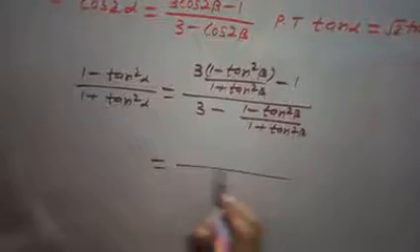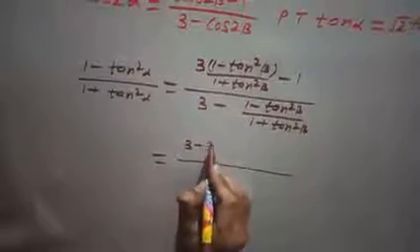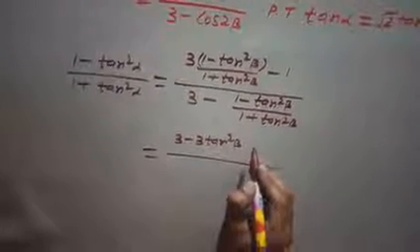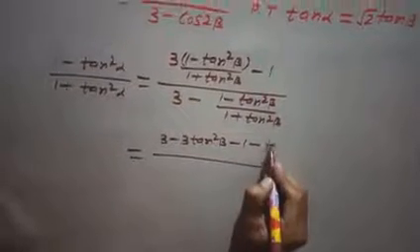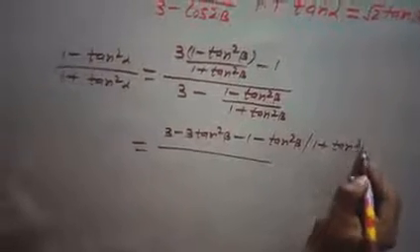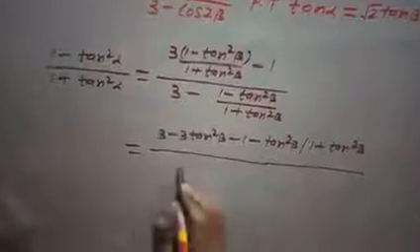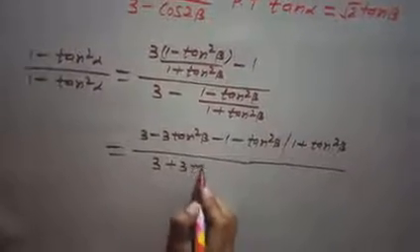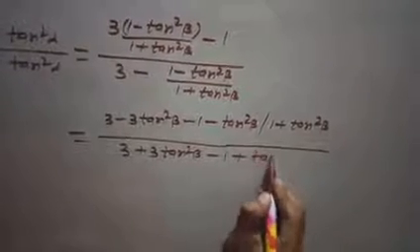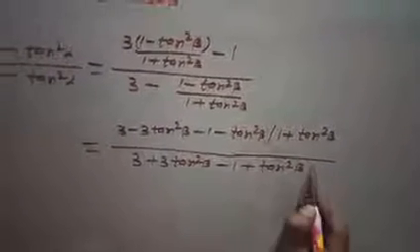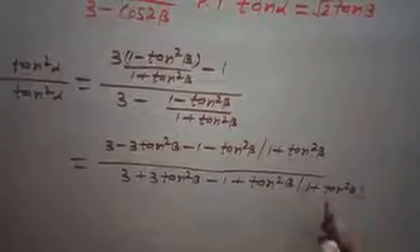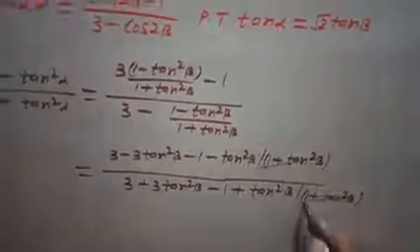So we see, then we can write 3 minus 3 tan square beta minus 1 minus tan square beta upon 1 plus tan square beta, and here 3 plus 3 tan square beta minus 1 plus tan square beta upon 1 plus tan square beta. Now these two cancel out.